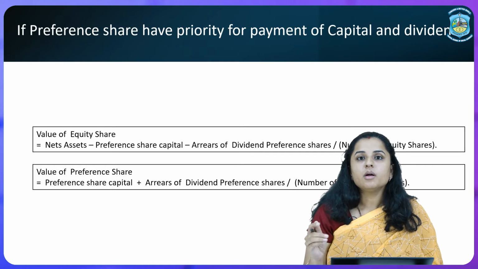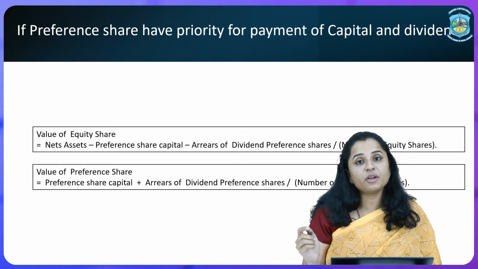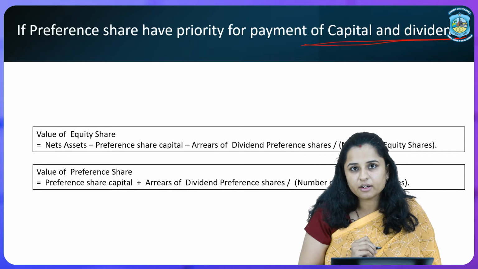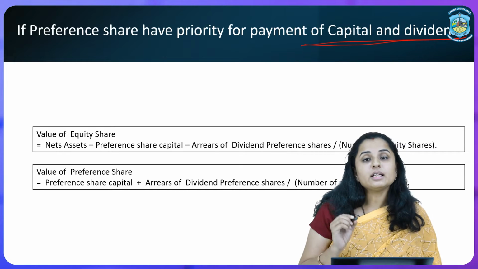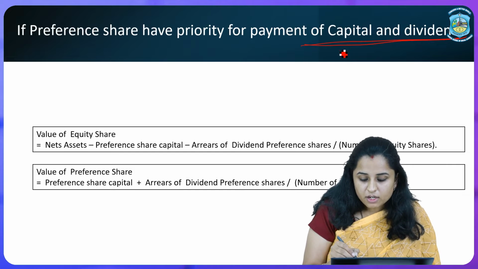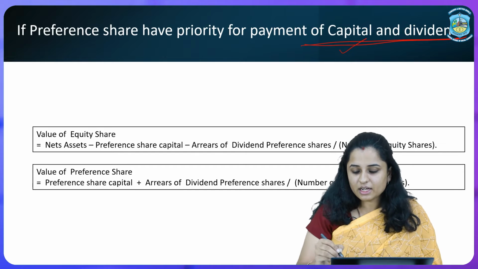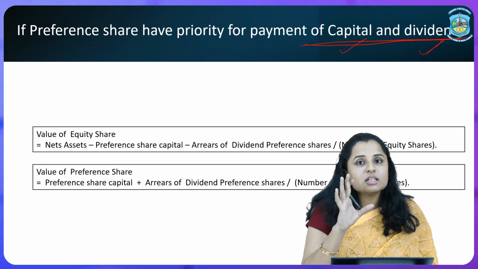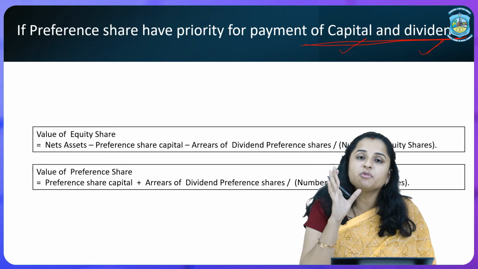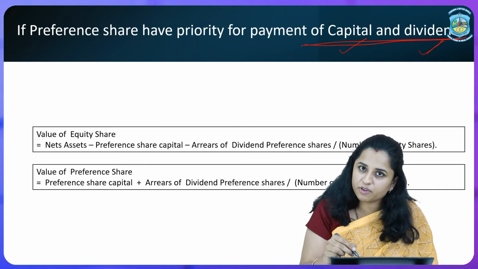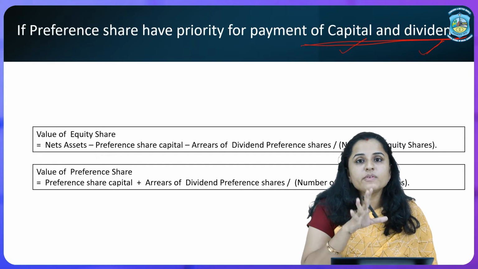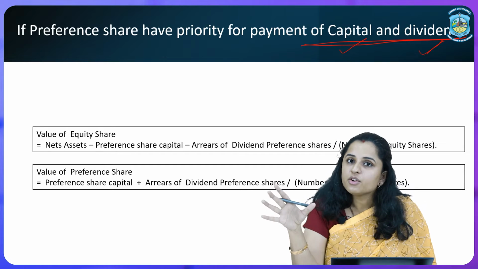share. Moving to the next situation, if preference shares have priority for payment of capital as well as dividend. If there is a priority, that means the repayment of capital and dividend is treated as a liability. Whatever are the net assets which are available with the company, first you are going to pay the amount of preference share capital as well as their dividend, and then the amount which is left will be paid to the equity shareholders.